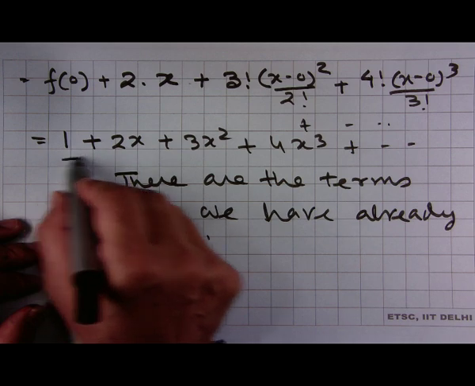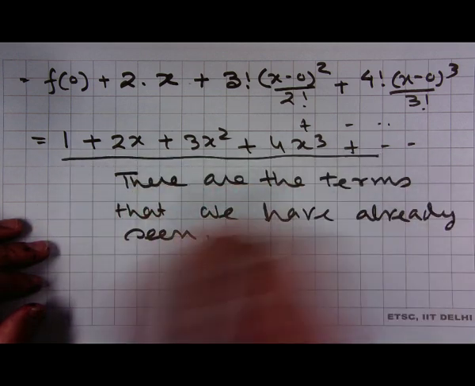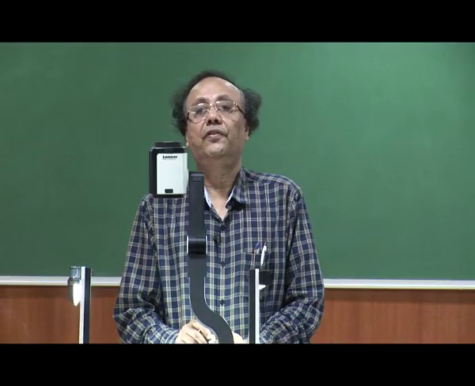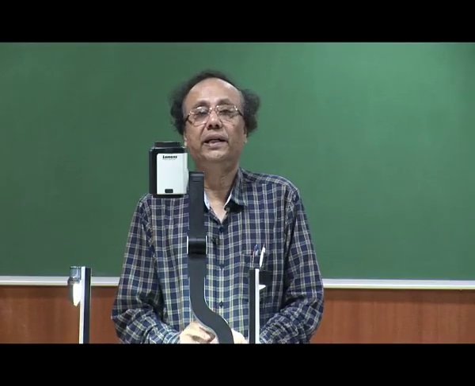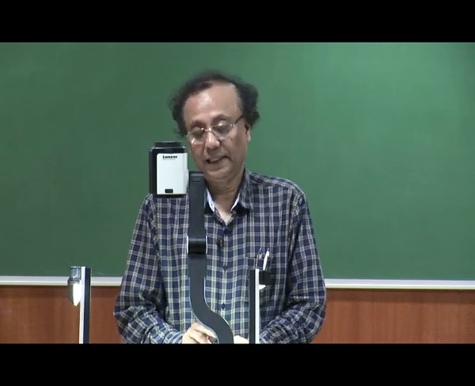We have already seen that (1 minus x) whole to the power minus 2 is equal to 1 plus 2x plus 3x square plus 4x cube, like that.